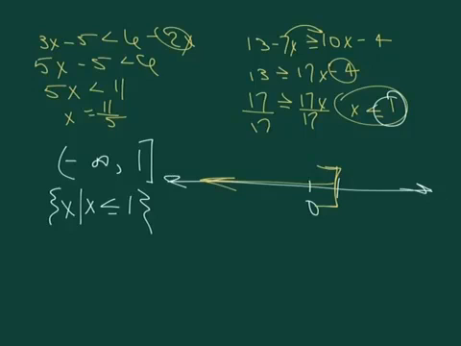Okay, so now we're going to look at compound inequalities. Compound inequalities basically just mean we have more than one inequality sign. So when we use the word and or the word or, we get a compound inequality.